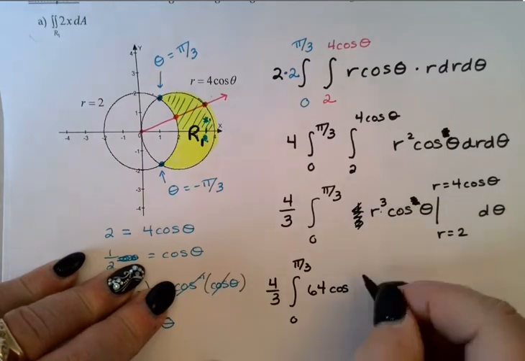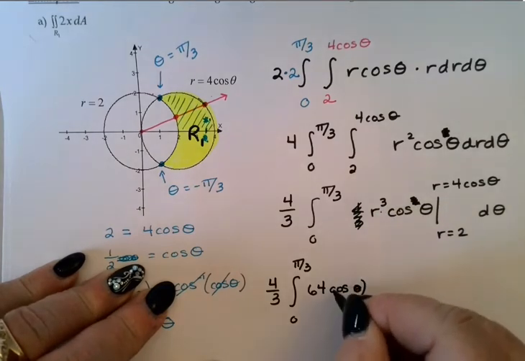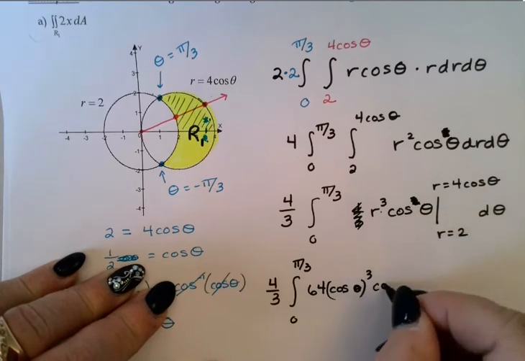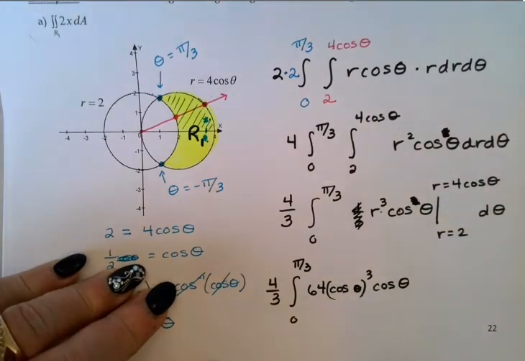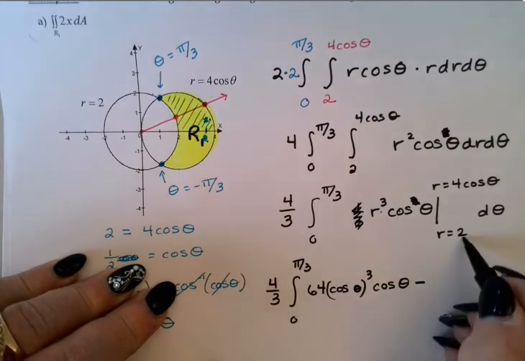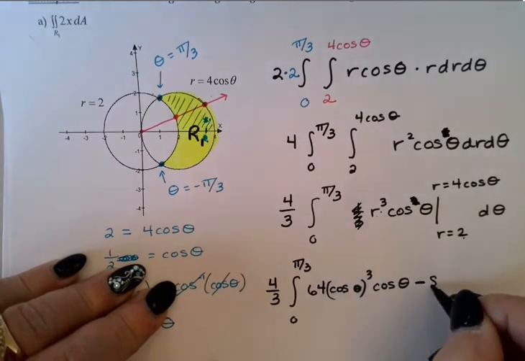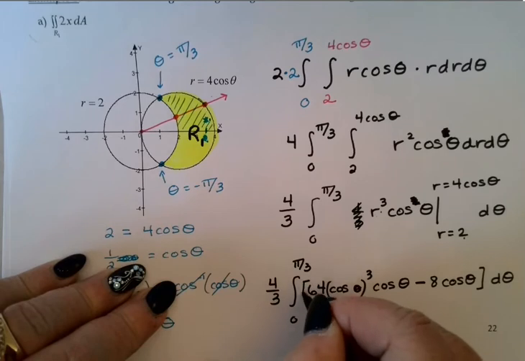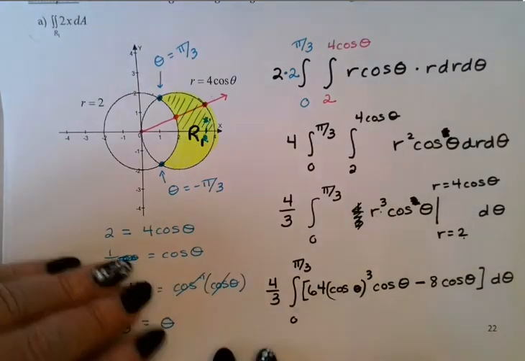And then cosine theta is also going to be cubed, and then times the cosine theta that was already there. Minus. Plugging in the 2, 2 cubed is 8, times that cosine theta. Phew. All right.